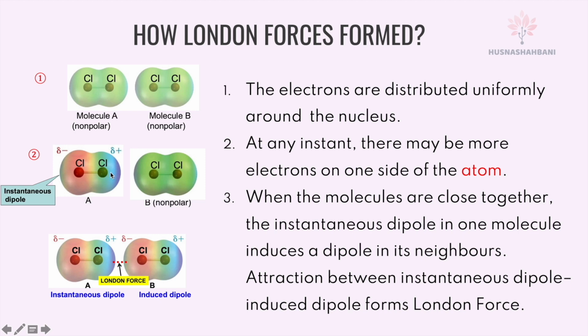So if here is delta plus, this side must be delta minus for them to be attracted by London force. Attraction between instantaneous dipole and induced dipole forms London force. So this is the example between molecules.